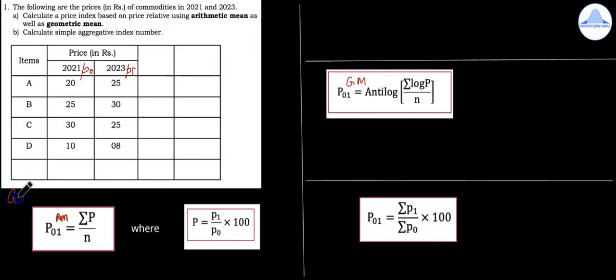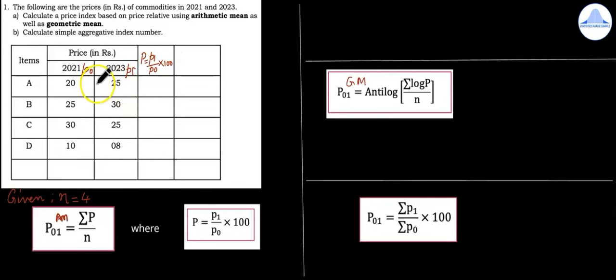So first I'll write given N is equal to 4, and then we have the formula here. So going back to the table, we'll first calculate capital P, which is P1 by P0 into 100.